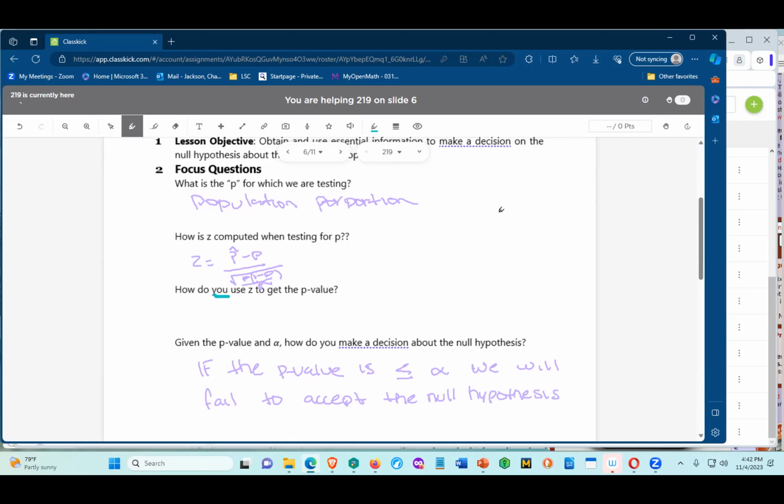I'm not sure on StatCrunch how it's computed. Well, she uses the calculator, so that's perfect.